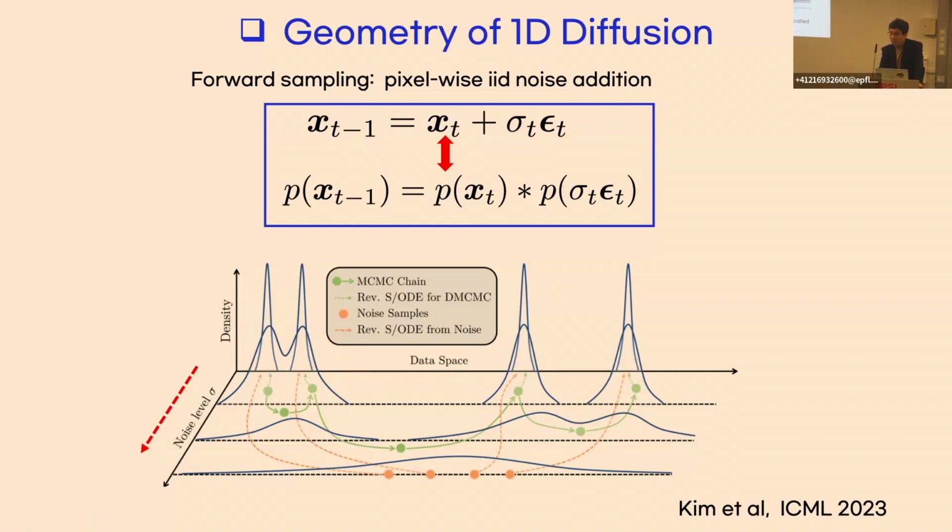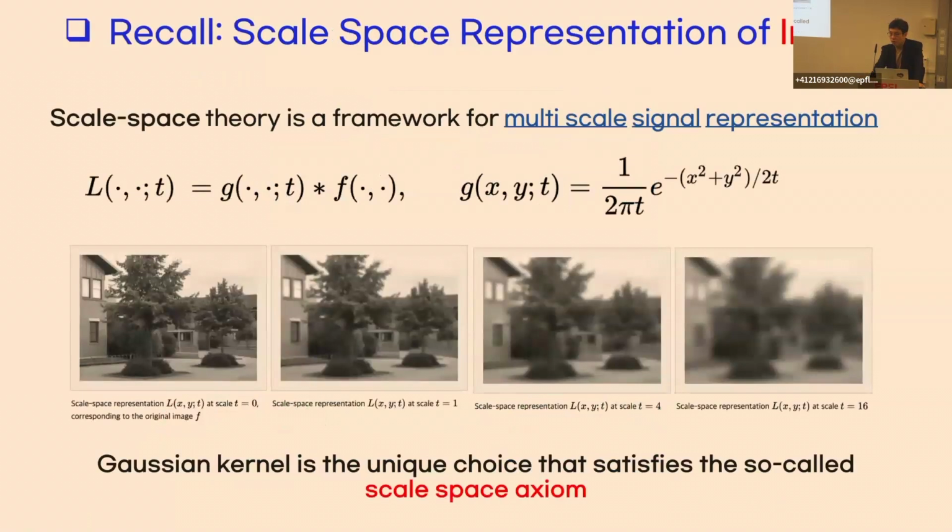Okay, in fact, this kind of thing is very similar to the classical scale-space representation of images. In this case, this is not a distribution of the images, but in the classical scale-space theory, and Michael is actually an expert and leading expert in this area, the idea is that we start with the images and blur them out with the Gaussian.